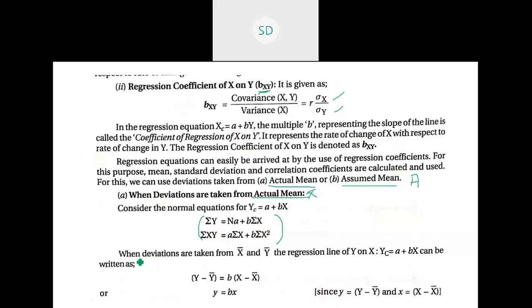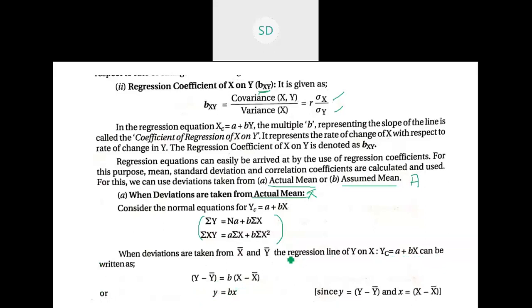When deviations are taken from x bar and y bar, we have x and y, right? So with x bar and y bar, the regression line of y on x, yc is equal to a plus bx, can be written as y minus y bar is equal to b into x minus x bar.